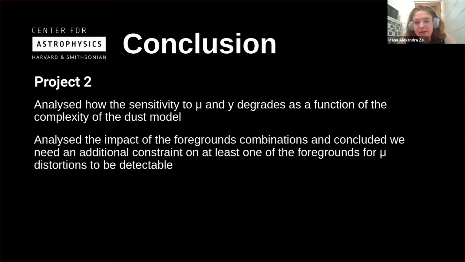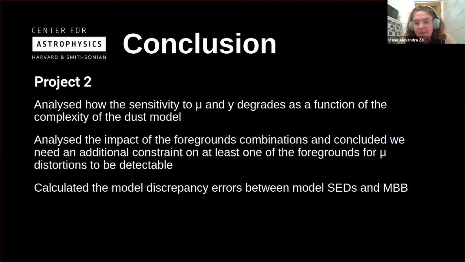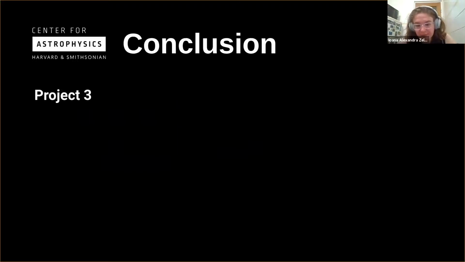Then I analyzed the combination of foregrounds and determined that we need at least one more tie-in for the foregrounds to be able to detect the Y and mu distortions, and calculated the discrepancy between model SEDs and modified black bodies, and then performed the cosmic infrared background analysis.